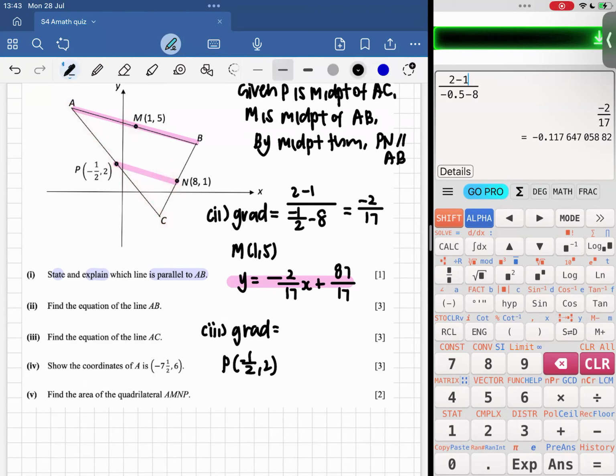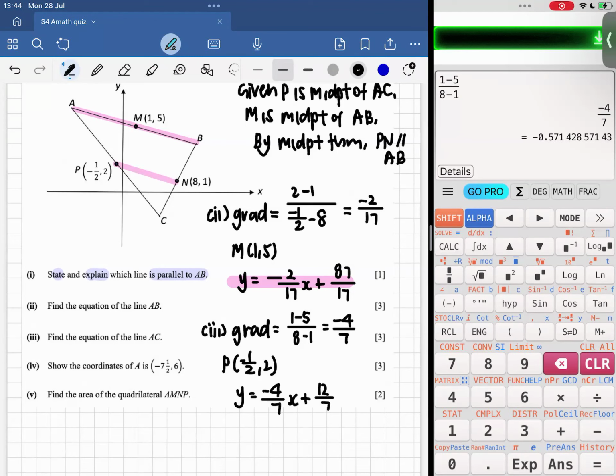So you can use the gradient of MN as well. So MN will be 1 minus 5 and 8 minus 1. So this thing is only scary because you have to know your midpoint theorem. Otherwise, you wouldn't be able to see any parallel lines, right? Like, where's my gradient? Cannot find the gradient, right? So same thing, you got this one here. Then after you got your gradient, you got any point on the line, right? So this is the answer for that one here.